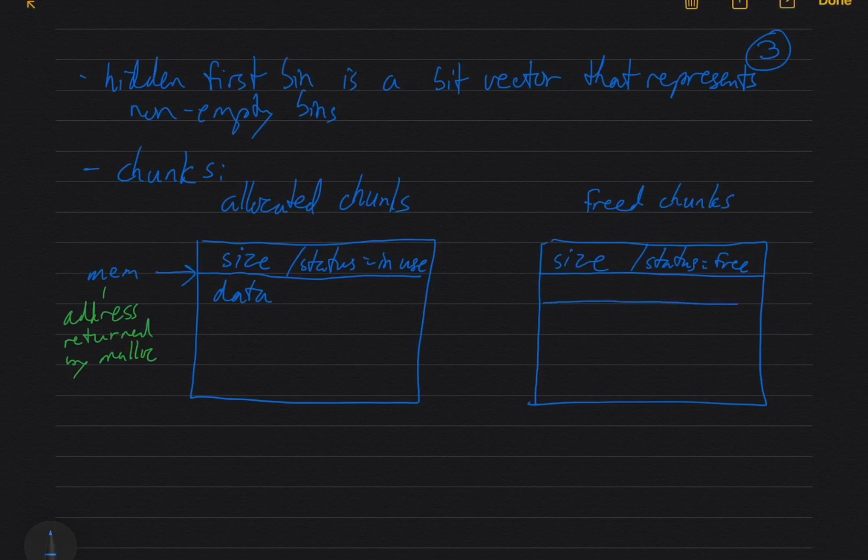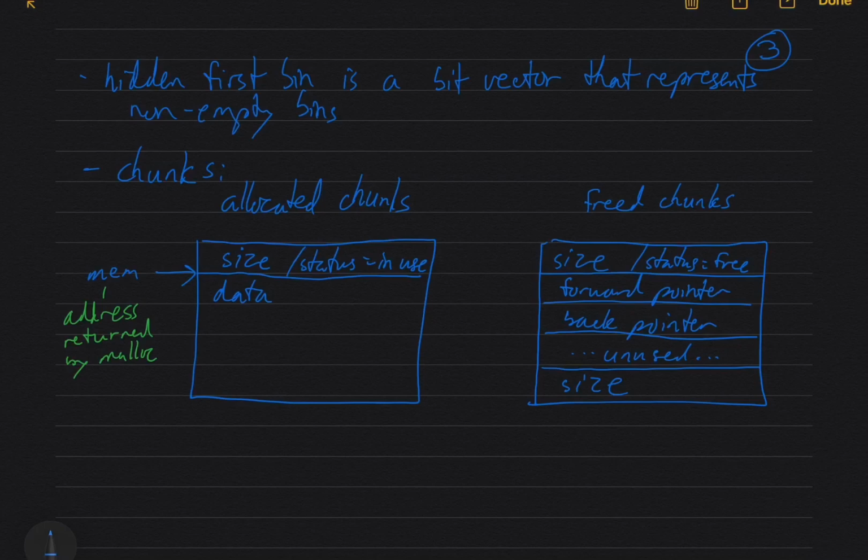Then we have a forward pointer and a back pointer, and these are used to build the linked lists in the bins. Whatever is in the middle of the block is unused, and then finally it finishes again with the size.